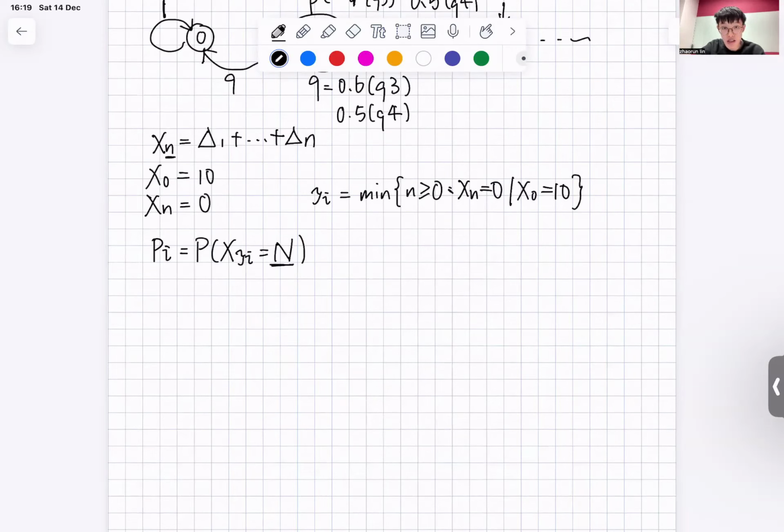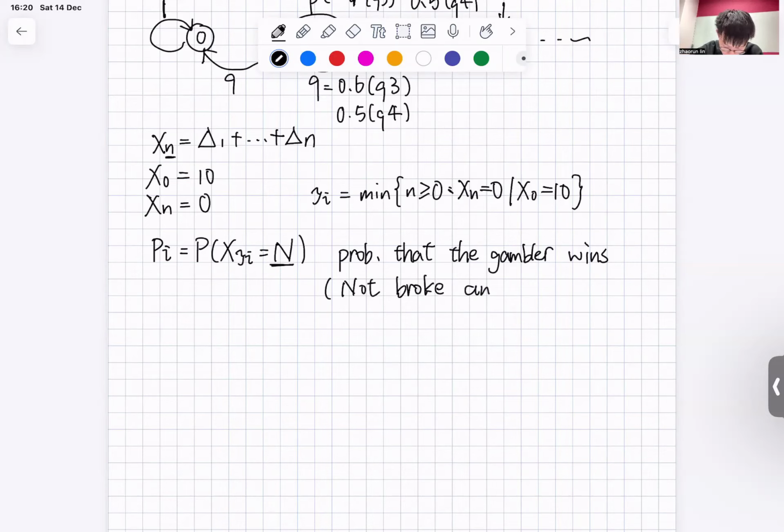So Pi is the probability that the gambler, let's say the gambler wins, so he's not broke, and has n Hong Kong dollars, where n is not 0. It means that after this many steps, the gambler is still not ruined, and we can say that he wins.